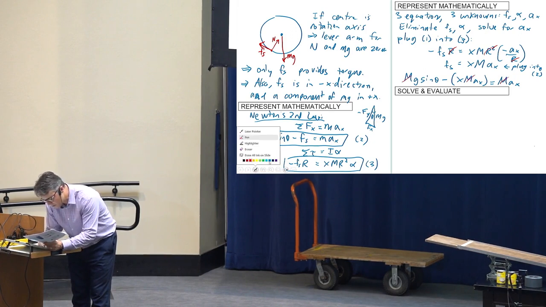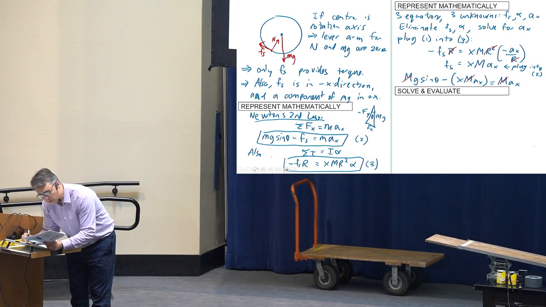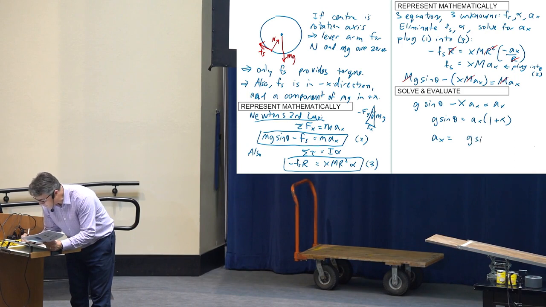I end up with g sine theta minus x a sub x equals a sub x, and g sine theta equals a sub x times 1 plus x. And I get a sub x is equal to g sine theta, the old g sine theta, but all divided by 1 plus x.